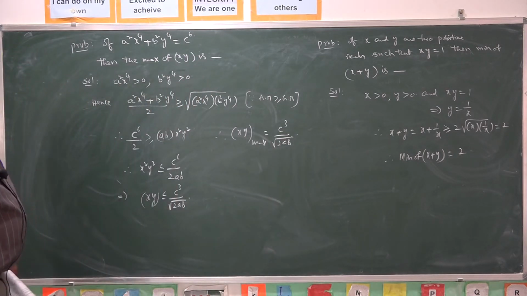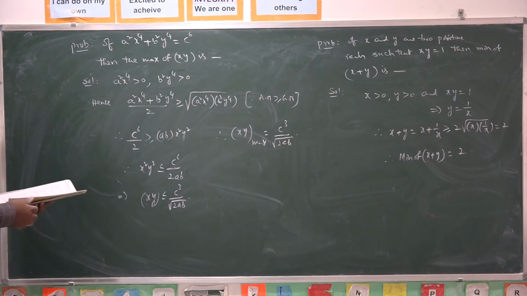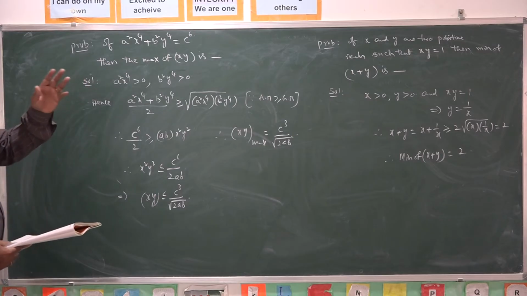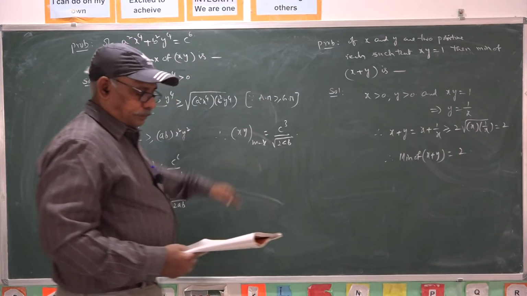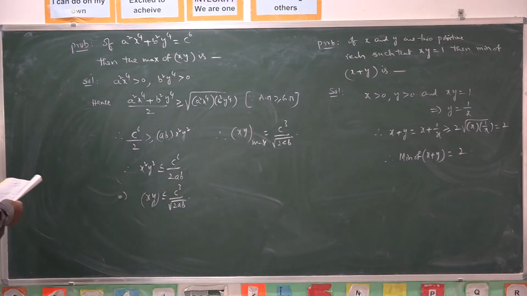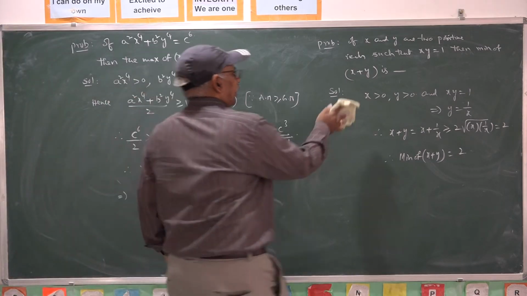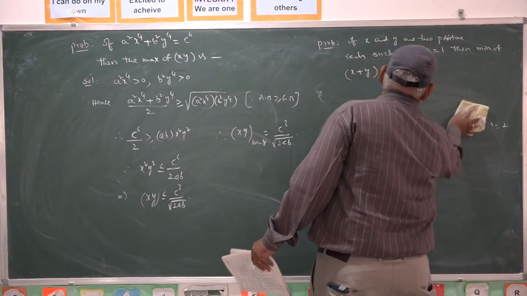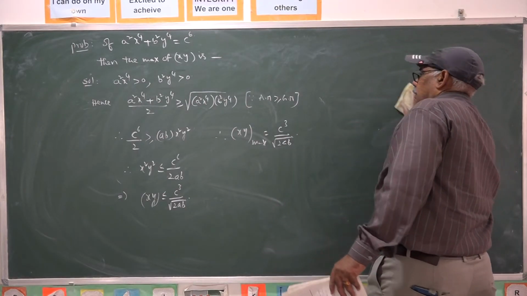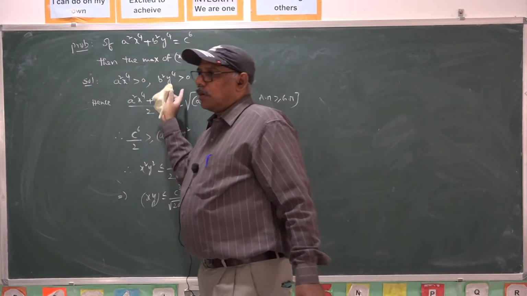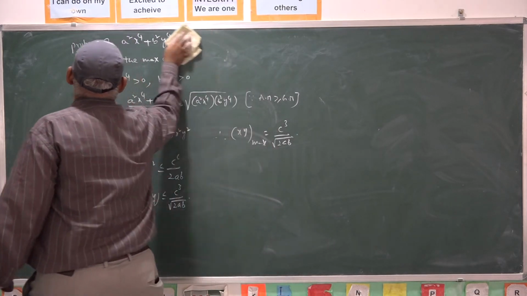Like that, you can apply the arithmetic mean is greater than or equal to their geometric mean based on the form of the given function. You can apply this inequality. Okay. These are all the problems related to this inequality. You can apply it to 2 terms or more than 2 terms.